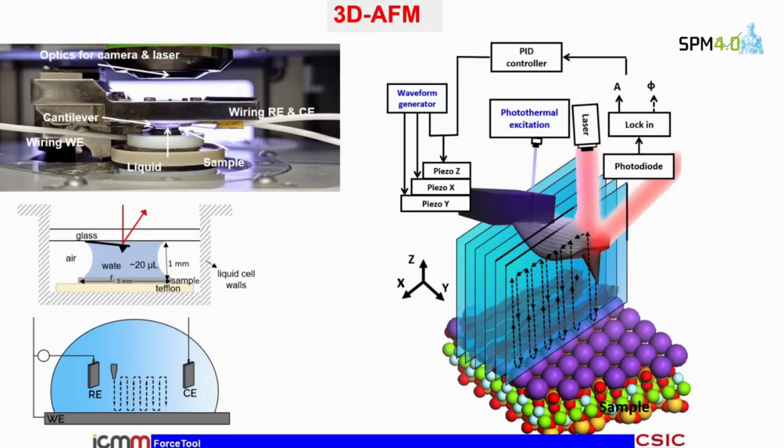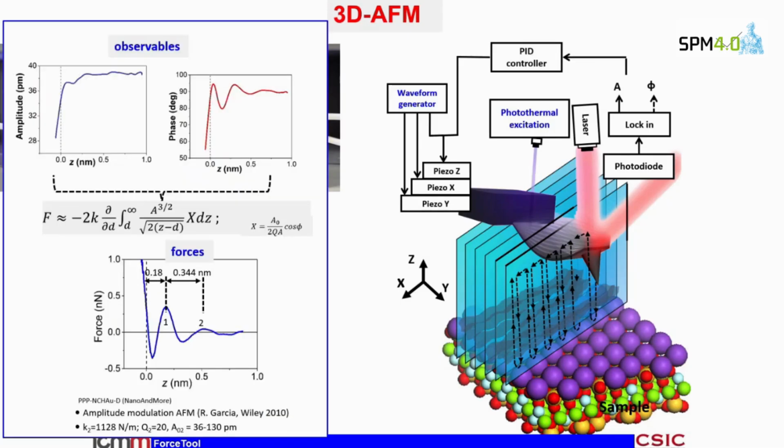So what we do is we generate sequentially planes in the XZ direction or in the XY direction, and then we move the tip to another Y position to generate a different plane, and then we combine this sequence of planes to generate a volume image of the interface. What is key for this system to work?